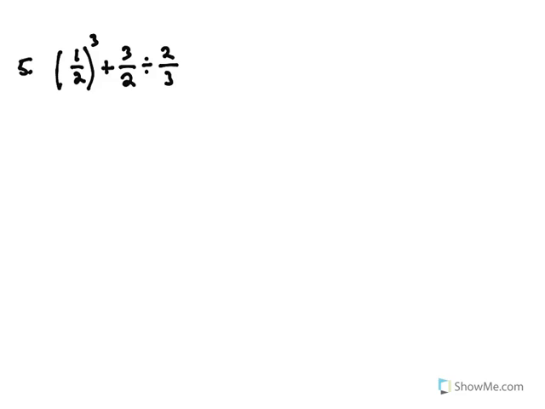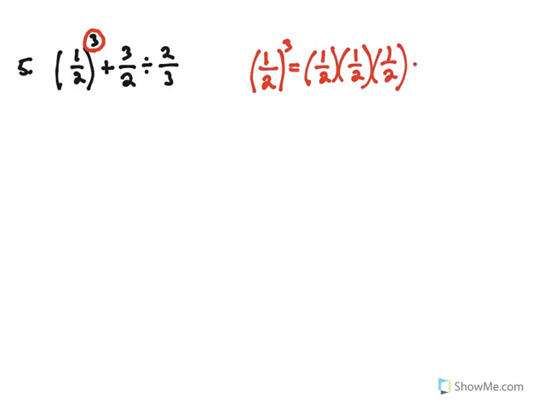Okay, so order of operations tells me I need to do parentheses first. Parentheses first, but there's an exponent attached to that parenthesis, so we need to evaluate that. All right, 1/2 to the third power, it really is 1/2 times 1/2 times 1/2, 3 times.